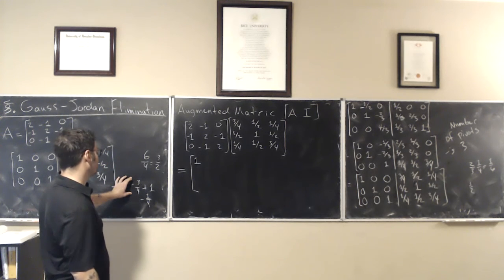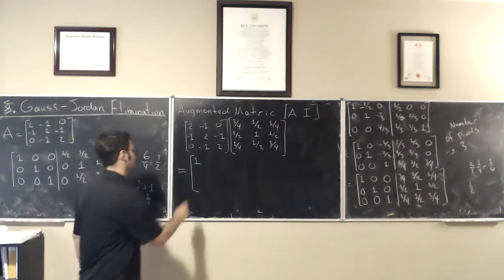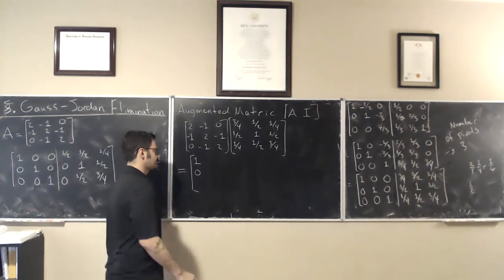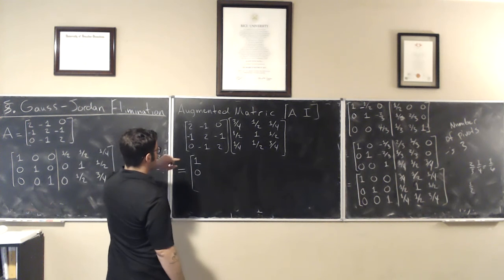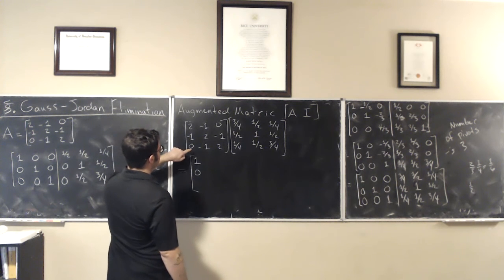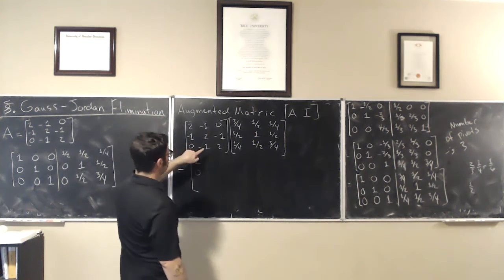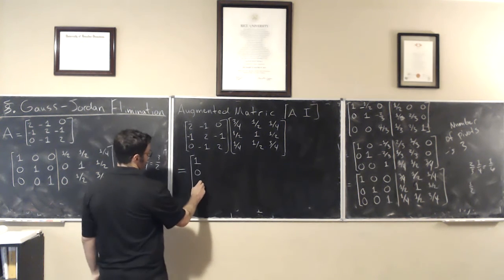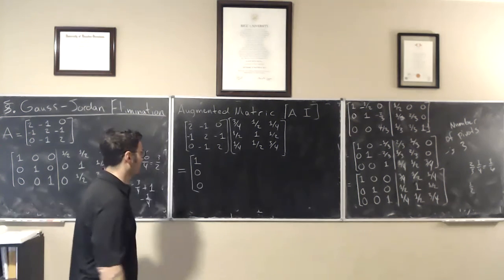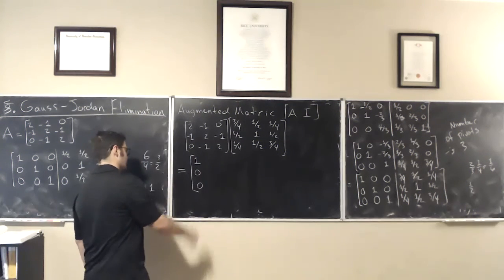So negative 3/4 minus 1/4 is -1 plus that 1 is a 0. Okay, now this entry here, so 0 times 3/4, -1/2 plus 2/4 is 0. It's -1/2 plus a half. So we see that 1, 0, 0.